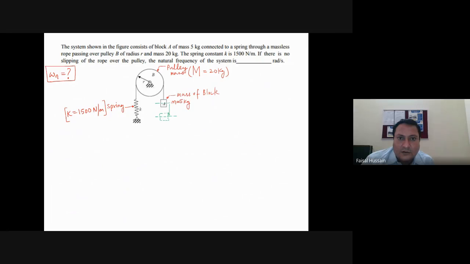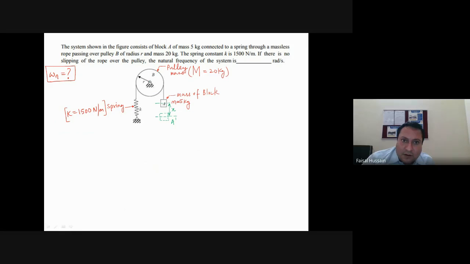Okay, so here there is a displacement x and this will be your A dash. Understood? I have pulled this block downward.